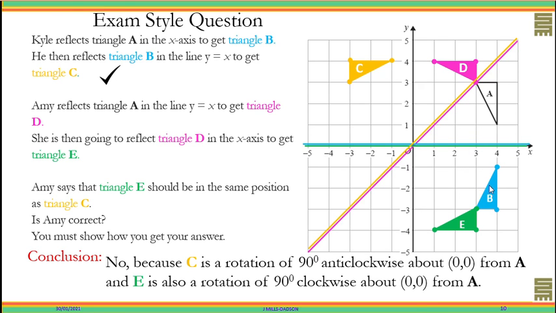The blue line here gave you B. The green line here gave you E. So all you need to understand is the path of Kyle is from the black to the blue and from the blue to the yellow. And the path of Amy is from the black to the pink and from pink to the green. So the answer is no. It doesn't necessarily mean that because you sort of reverse the process, you're going to have the same positions. No, it doesn't work that way. So the answer is no.